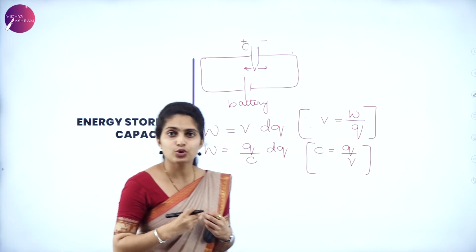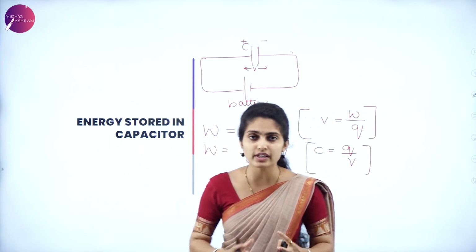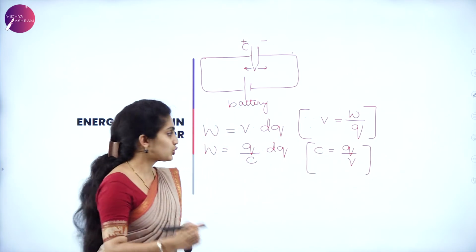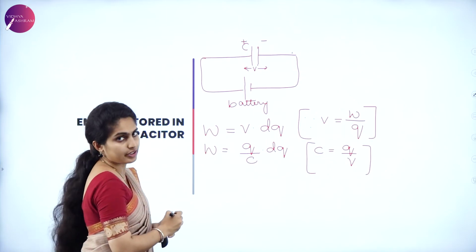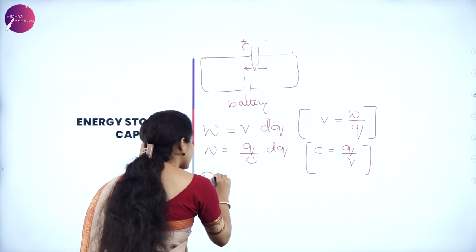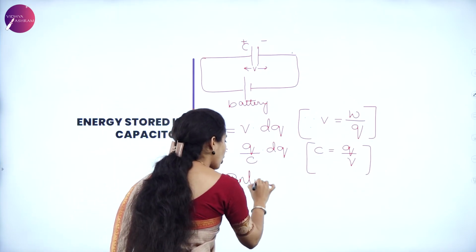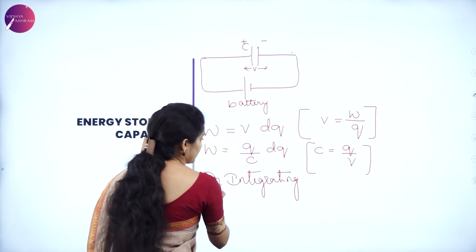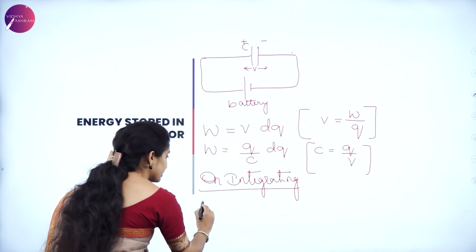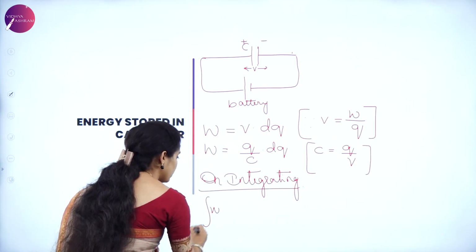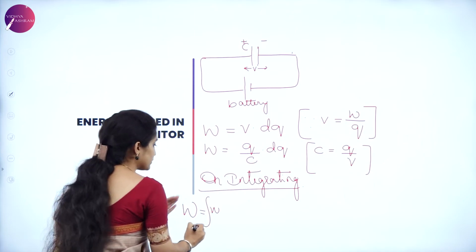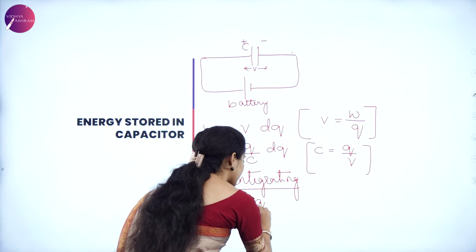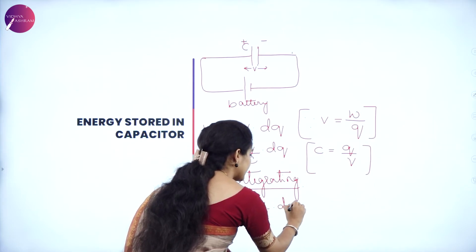Now we need to know the total amount of work involved in this circuit during charging. To know the total work done, we have to integrate the equation. On integrating, total W is equal to the integral of Q divided by C into dQ.